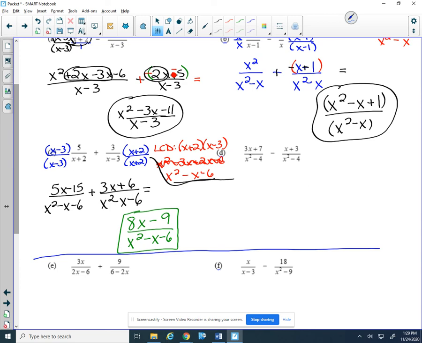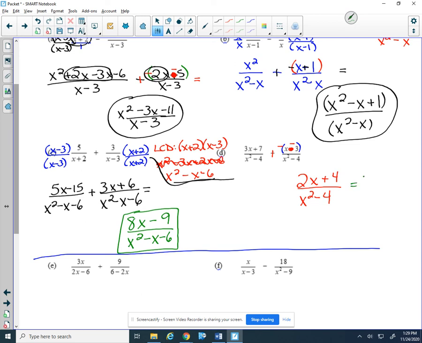Moving on to our last one, we're actually all set up. We don't need an LCD, it's already there. So we just need to remember to distribute our negative. So we have 3x minus x is 2x. 7 minus 3 is 4. Now this one, I see some potential for factoring.